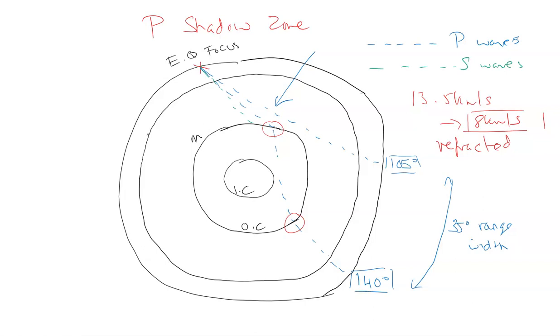So what Gutenberg discovered was that on the other side of the planet, there would be a 35-degree range where there would be no P waves at this part of the planet. So he called it a shadow zone, as in you're in the shadow of a tree and the sun is diminished, or you're in the shade.